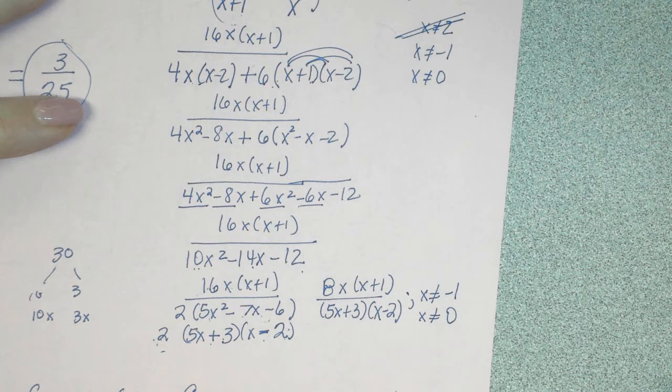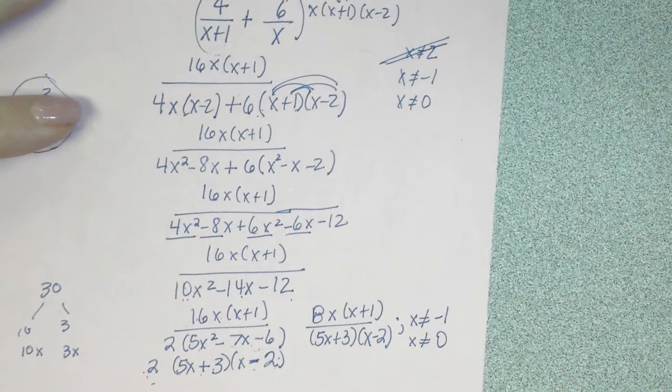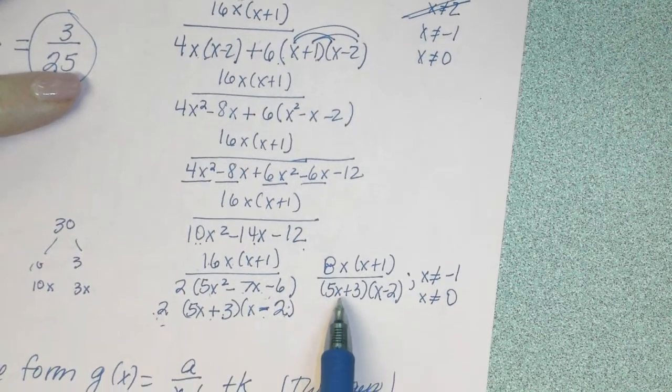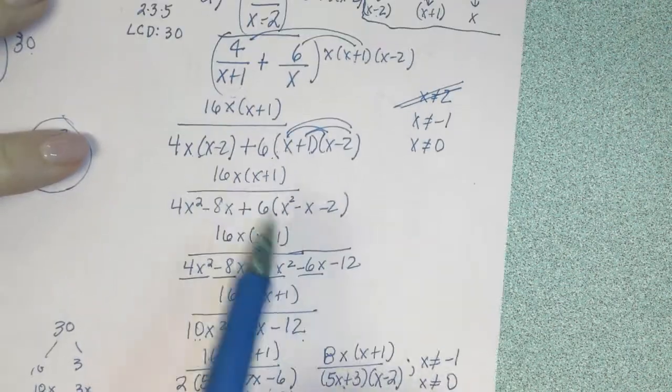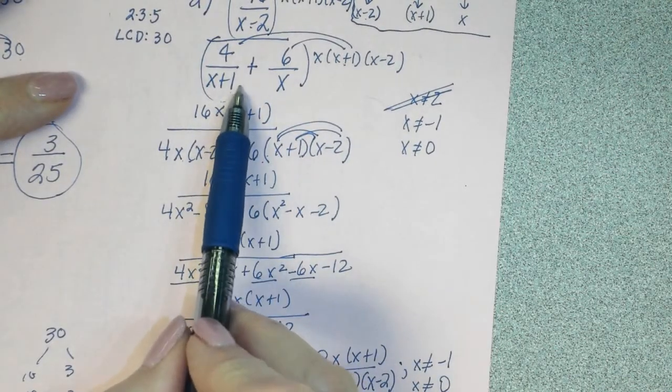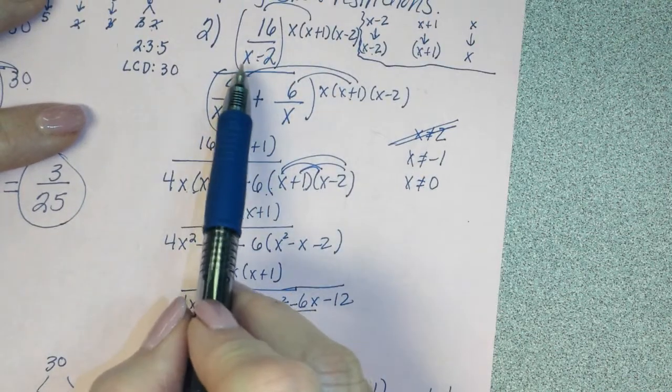All right, any questions? You know what else too? Like what about x being negative 3/5? Do you see how this one's undefined for negative 3/5? But at the beginning, would it have been undefined for negative 3/5?